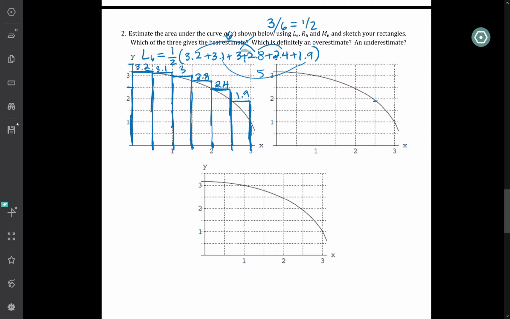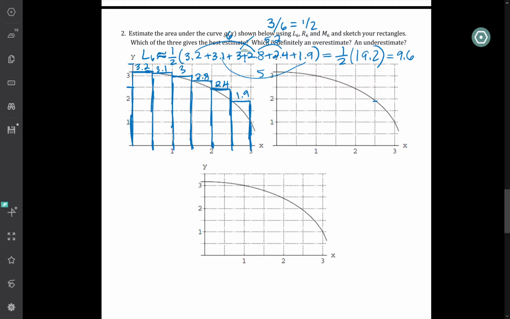And then 14 plus 2, 4, 5.2. So it looks like I got 19.2. And I still have to cut that in half, which is going to be 9.6.